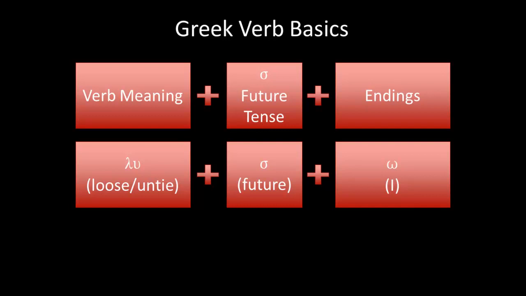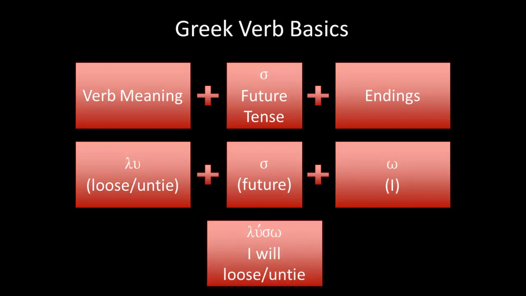Then we're going to add a sigma right after that. That's a sign for the future. Then we're going to add our endings. Let's say we added the ending omega for I. So we put it all together. We would get luso. I will loose or untie. This is what we're going to see as we explore the future active indicative.